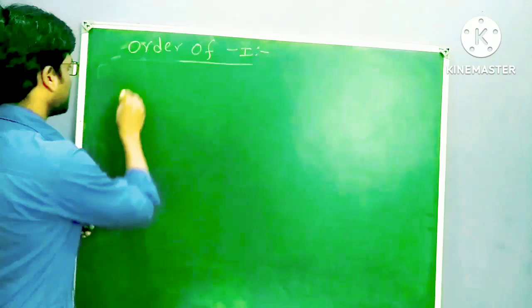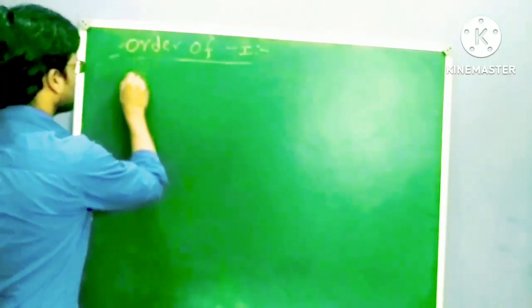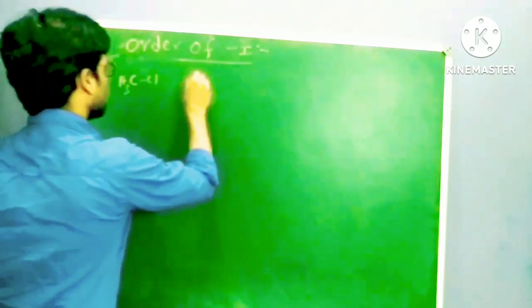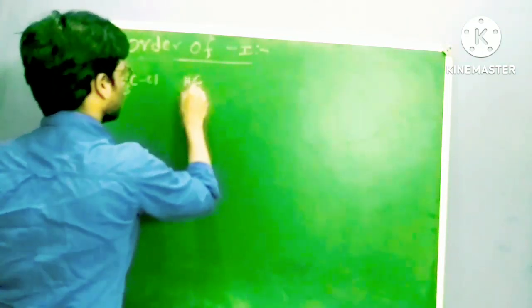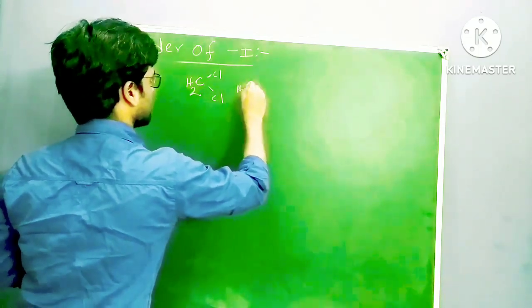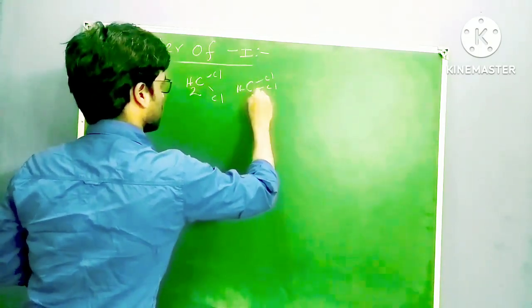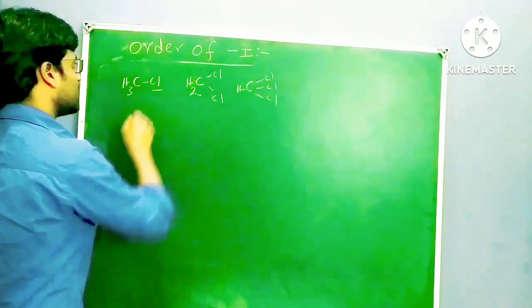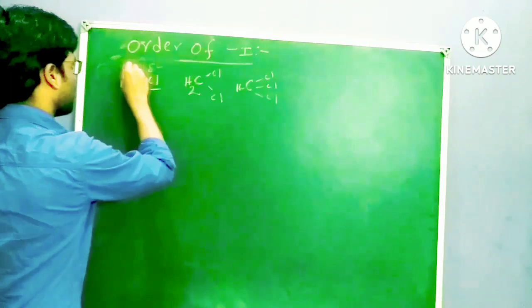For suppose, for example, I am giving here CH3Cl. This is the first one. Then CH2Cl2. Then CHCl3. So here chlorine is electronegative, but here only one chlorine, so partial negative charge, partial positive charge.